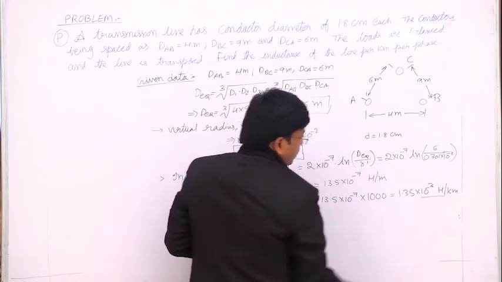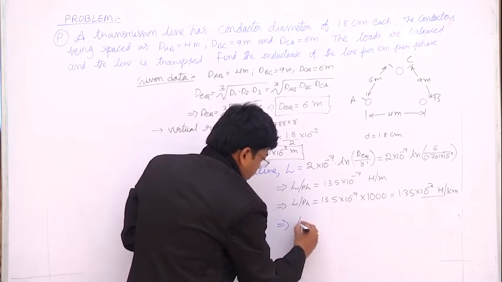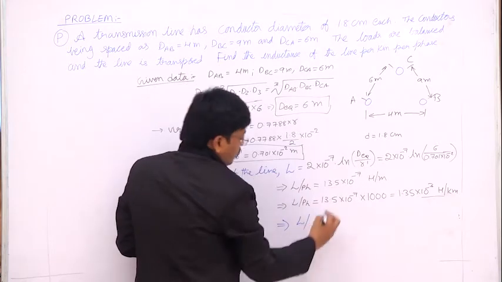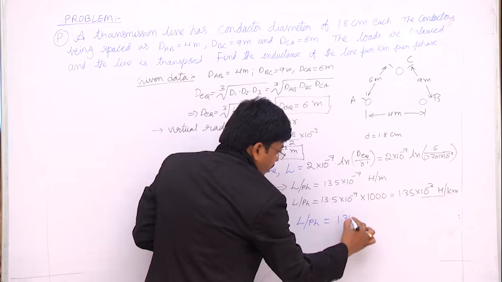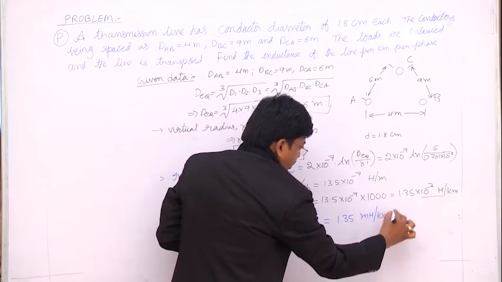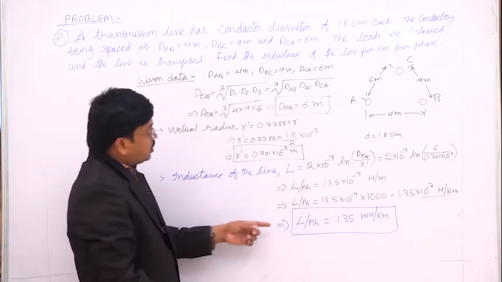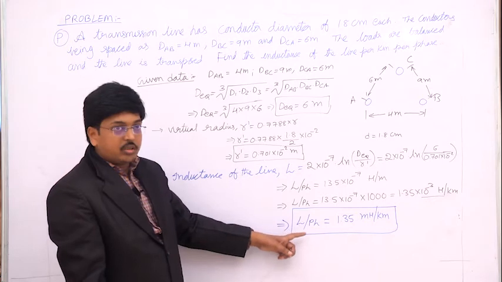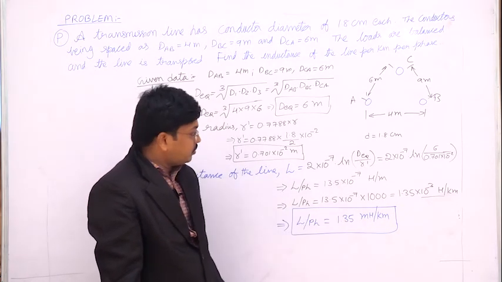Here 10 power minus 3 Henry is millihenry. Therefore, the inductance of the line per kilometer per phase is obtained as 1.35 millihenry.